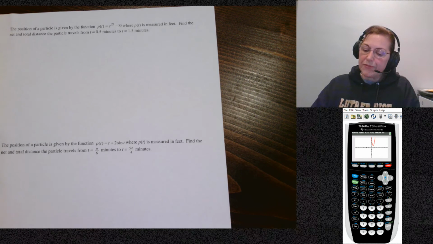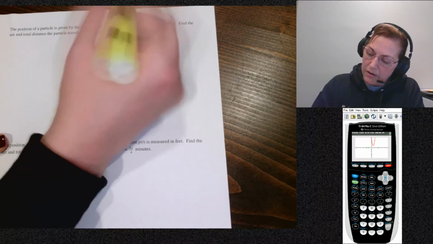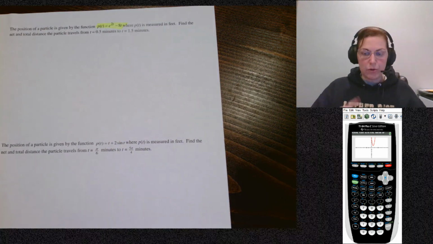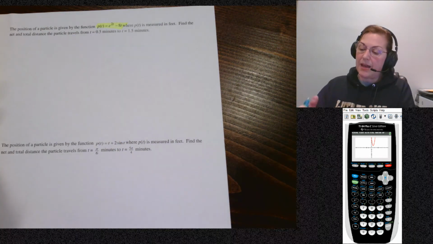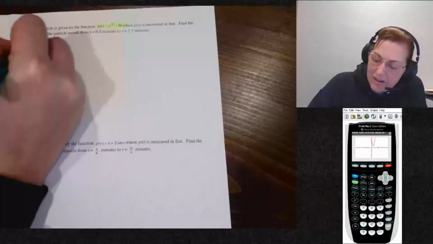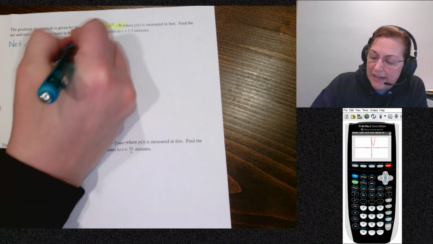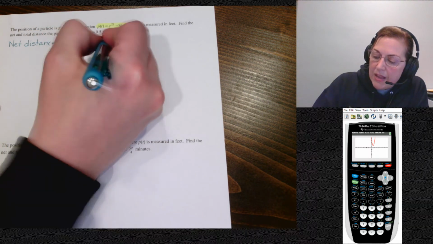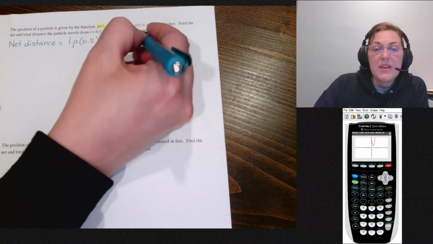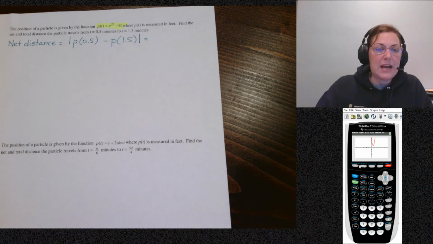So for our first one, we're told the position function, and we're looking for the net and total distance. Again, I'm going to do the net because I think it's probably the easiest. You can do it either way. If you want to do beginning position minus ending position, or vice versa, it won't matter because you're going to do the absolute value anyway.